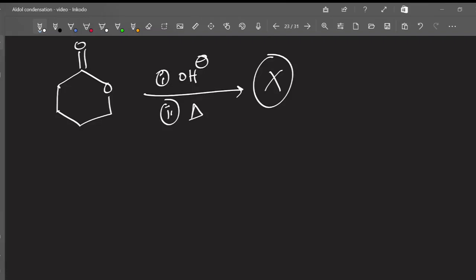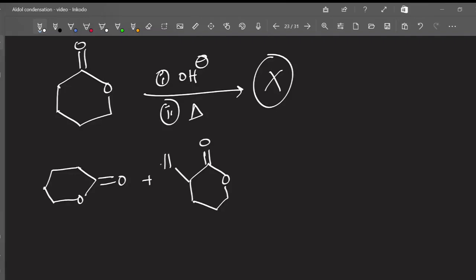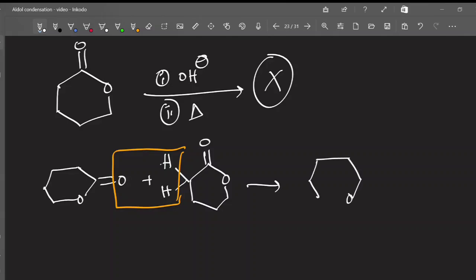Come on, you try to write down. Next, alpha hydrogens need to be pointed out towards the oxygen. Yes, these are the hydrogens only, right? Simply take out water. So this is what the product is, very important.